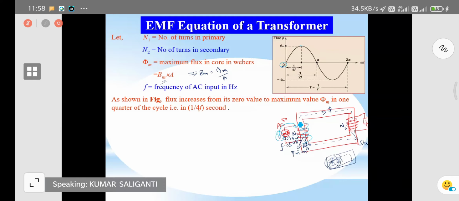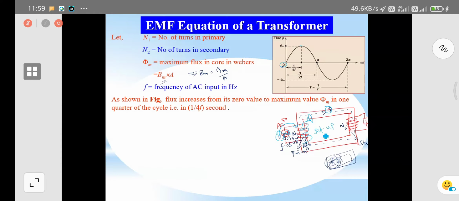A sinusoidal flux will be set up in the core, which links with both the primary and secondary windings.